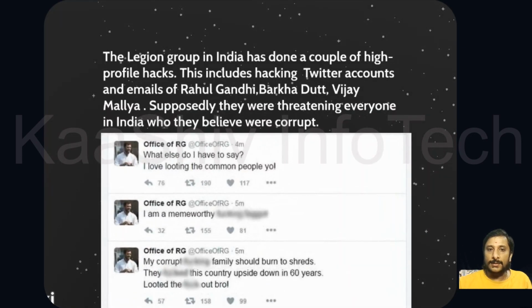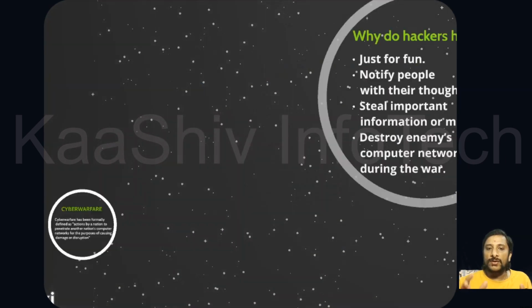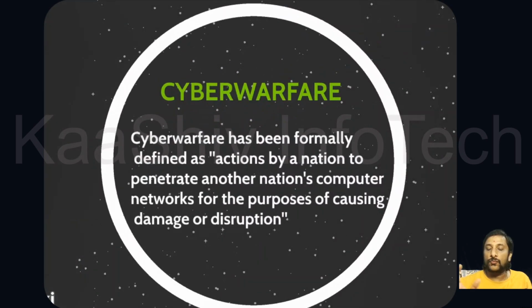You can see here, this includes hacking Twitter accounts and emails of Rahul Gandhi, Bhakta, Vijay Mallya. The Legion group in India hacked some of the great people in India, stealing information for personal benefits.